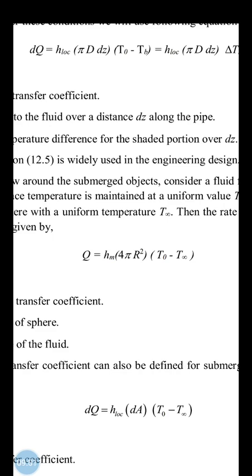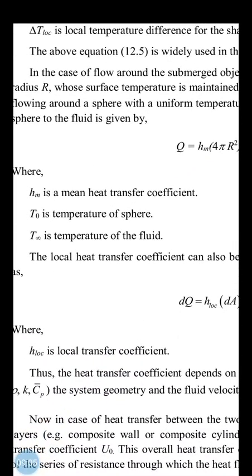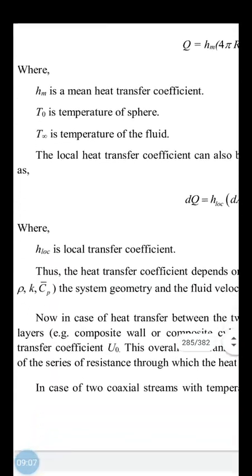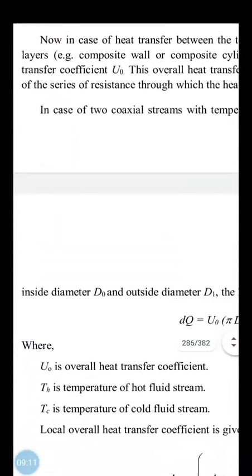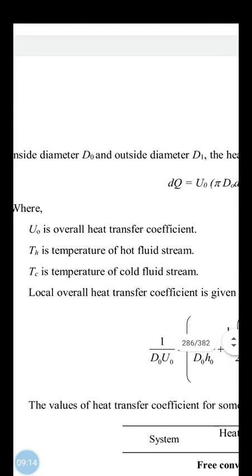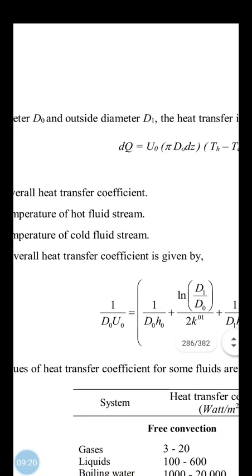T0 is the temperature of the surface and T infinity is the temperature of the fluid. So these are the different definitions of the heat transfer coefficient which are used to find the heat transfer coefficient in various problems.